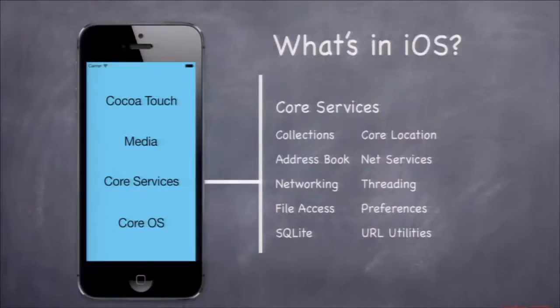Plus, it has object-oriented ways to access the file system, to find out the GPS location of your device, and to do multi-threading, all the stuff you want to do while staying in an object-oriented mindset. There's a huge foundational layer there at Core Services for doing that.